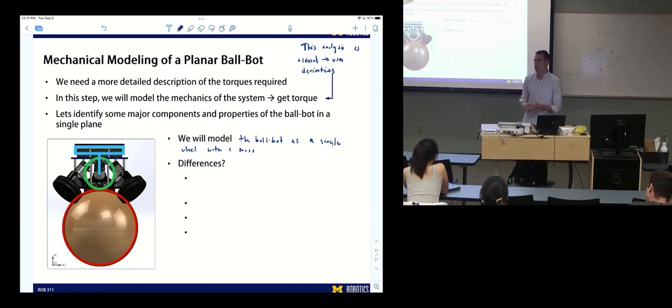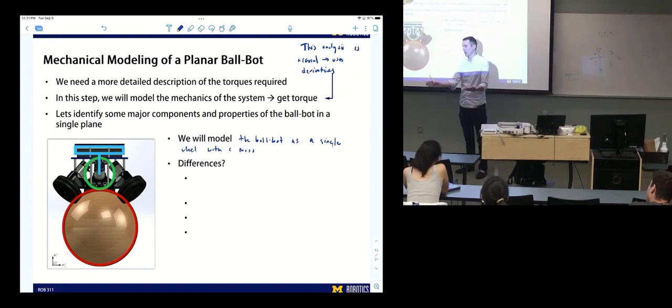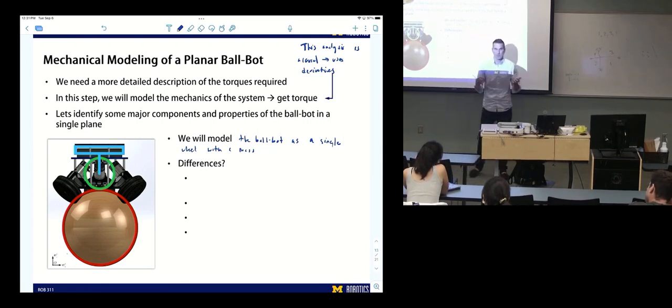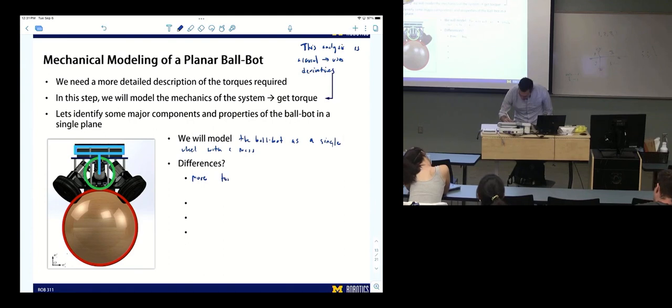If we combine this planar model with another planar model, that's pretty close to a 3D model. Now we have 2 planar models, but it only has 2 wheels, whereas this system has 3 wheels. So we're going to take whatever torque is required by these 2 wheels and distribute it over 3 wheels. So the torque ends up being greater in this approach. Differences: more torque will be required.